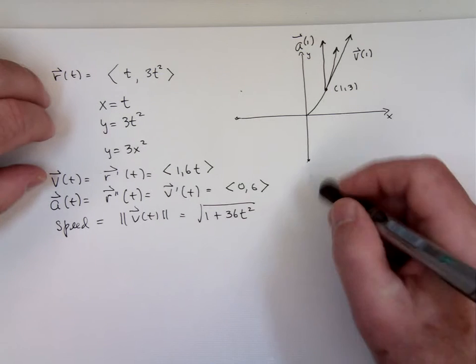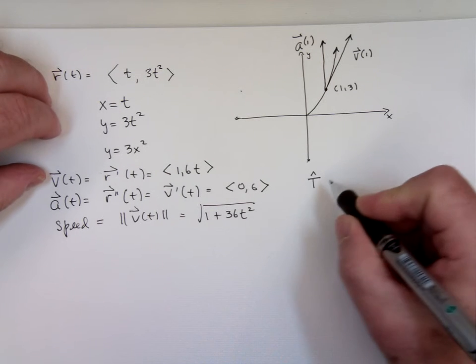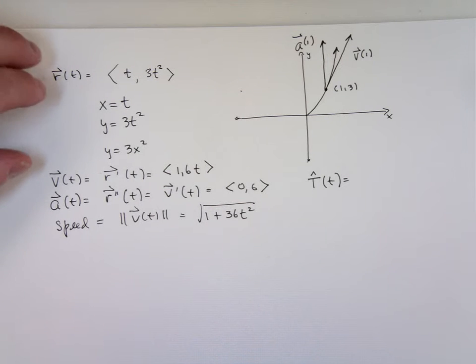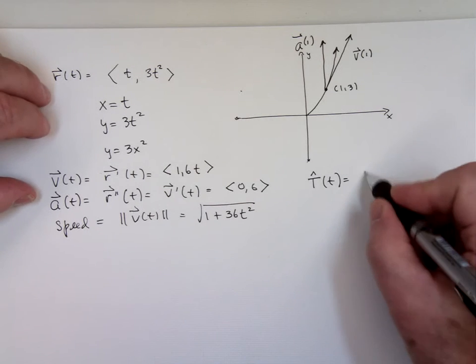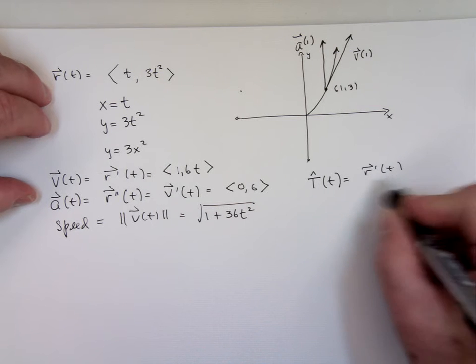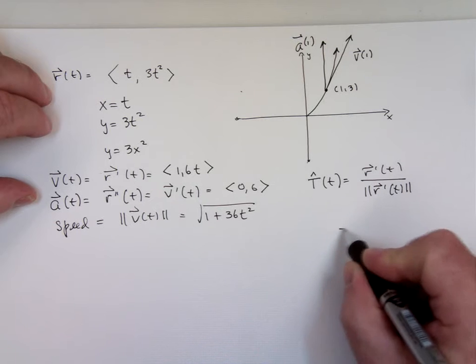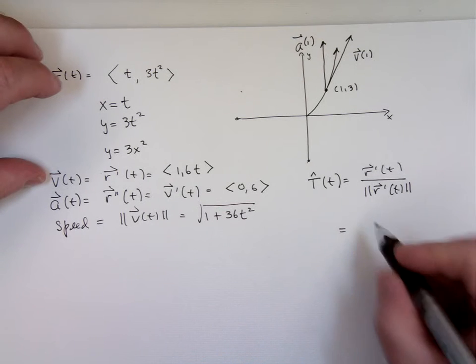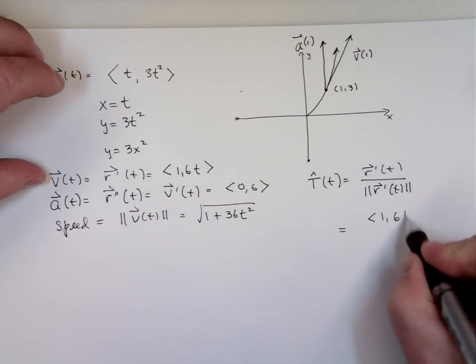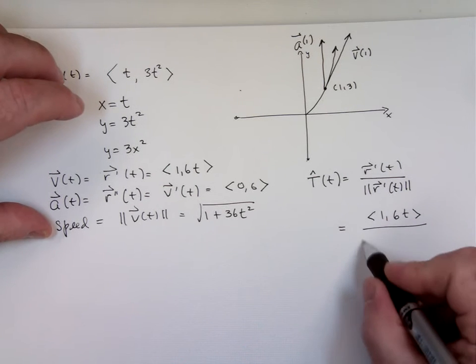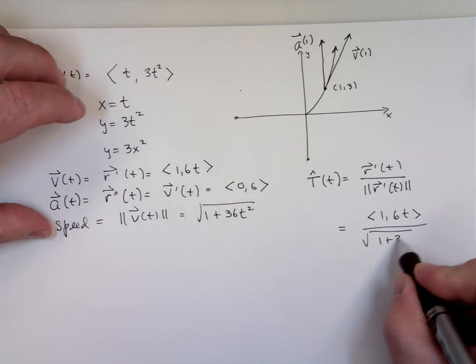Let's do the unit tangent. The unit tangent vector is equal to r prime over the magnitude of r prime. It's equal to velocity over speed, okay? It's equal to (1, 6t), the velocity, over the speed, square root of 1 plus 36t squared.